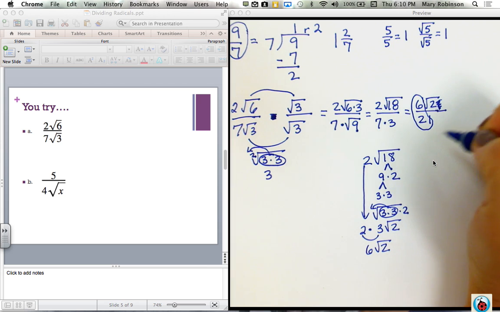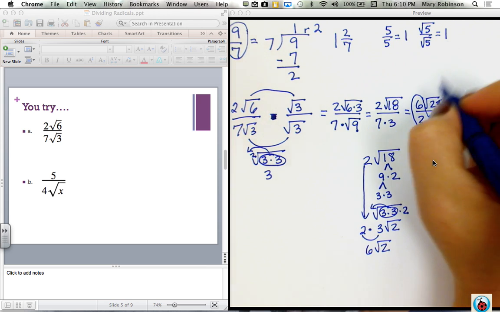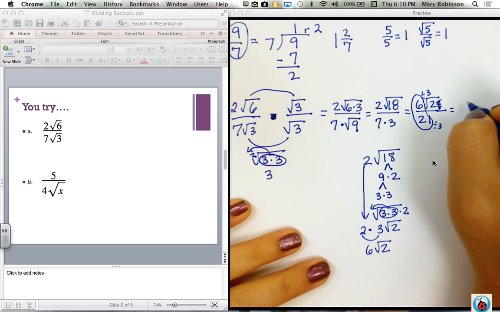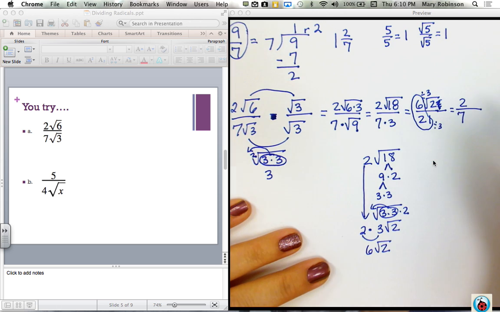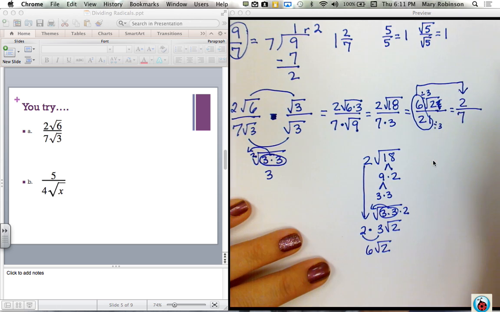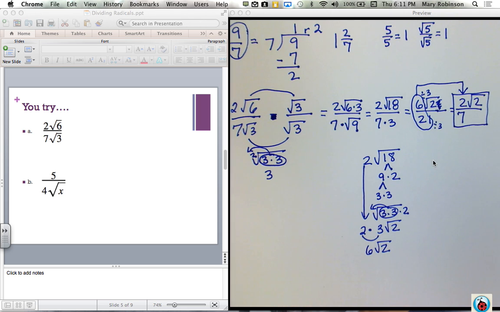So 6 divided by 21, having a common factor of 3, would leave me with 2 on the top and 7 on the bottom. So all I did was reduce 6 over 21 to get 2 over 7. And of course I carry over my square root of 2. And I have now reached my final answer.